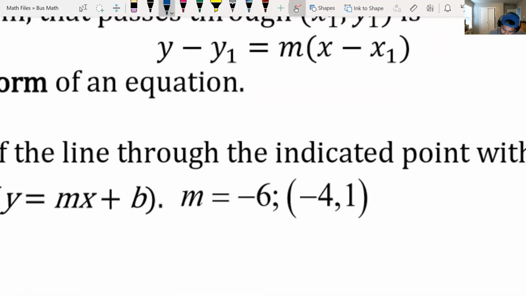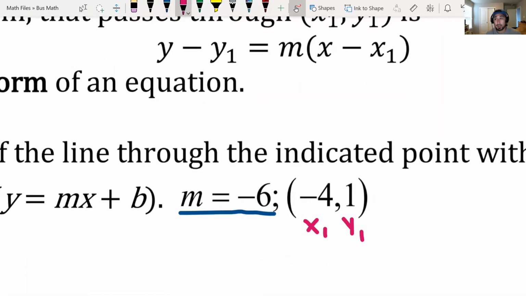They're telling us that the slope is -6. And then all we need is the point. Well, this point is going to be my x1, y1. And we have a point and a slope. That is all the information we need to make an equation of this line.